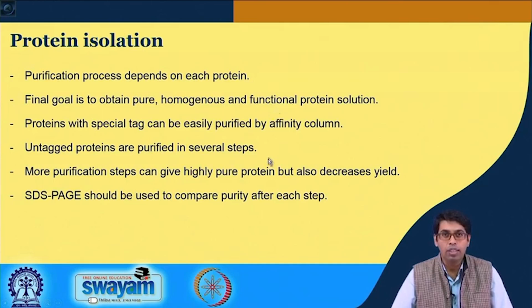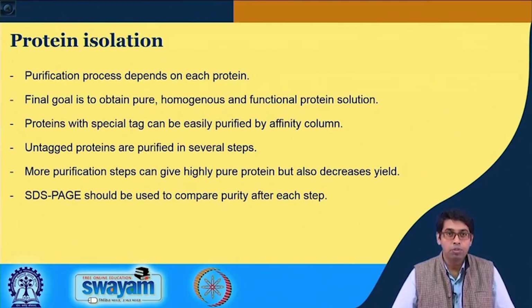Throughout all these steps, we need to run SDS-PAGE, the denaturing polyacrylamide gel, to check the purity of the protein. We discussed SDS-PAGE in the previous lecture. In this lecture we will see that SDS-PAGE is very useful to quickly check whether we have our protein and how pure it is.